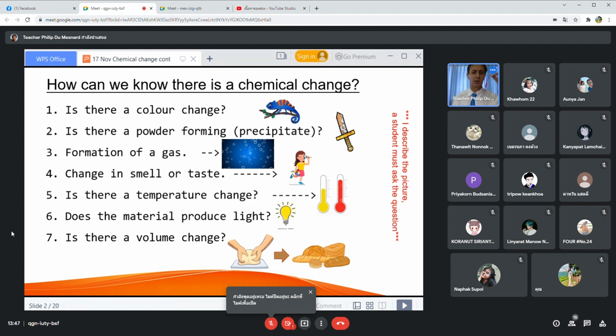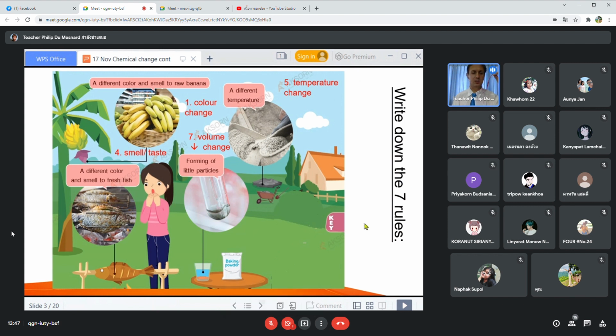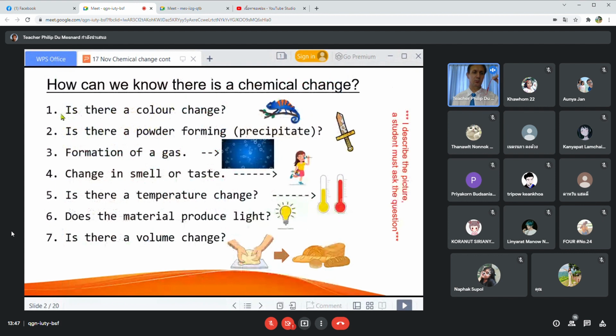Okay. And class, so last time I asked you to write these things in your book. It's very important that you do it. And if you look at the numbers, they are like the questions. Number 1, color change, is like question number 1, is there a color change?